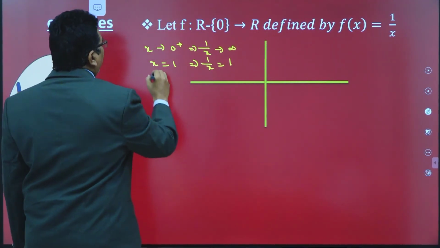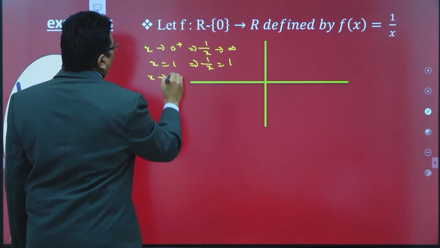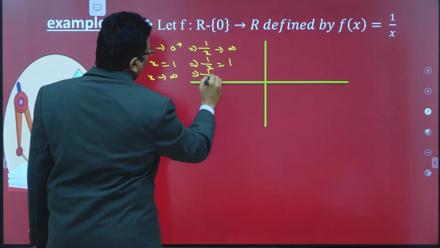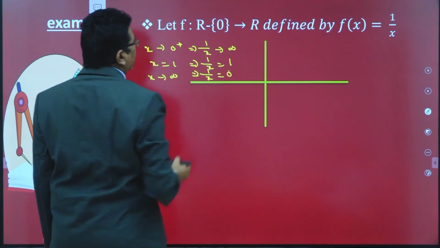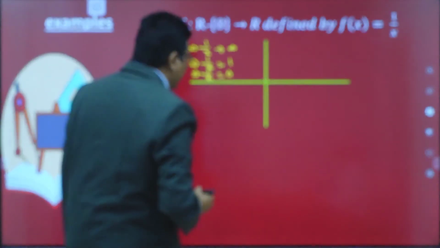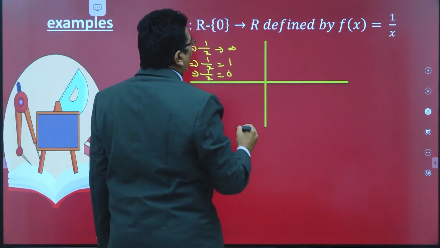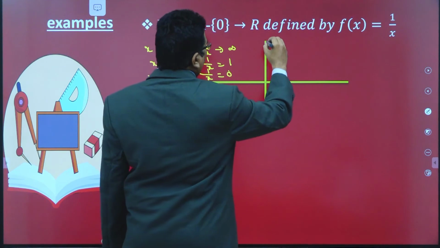Now, x tending to infinity, 1 by x tending to 0. Now, the graph is like this.